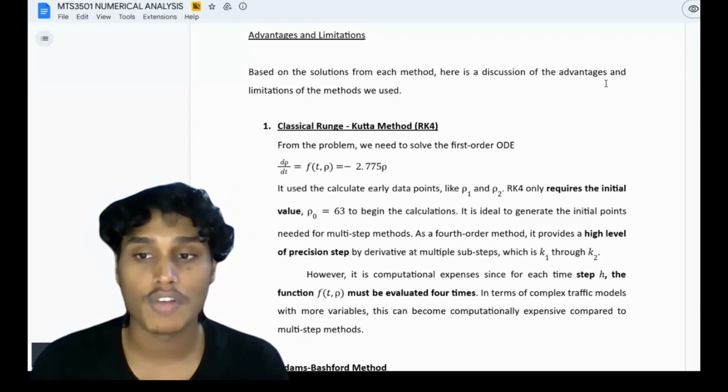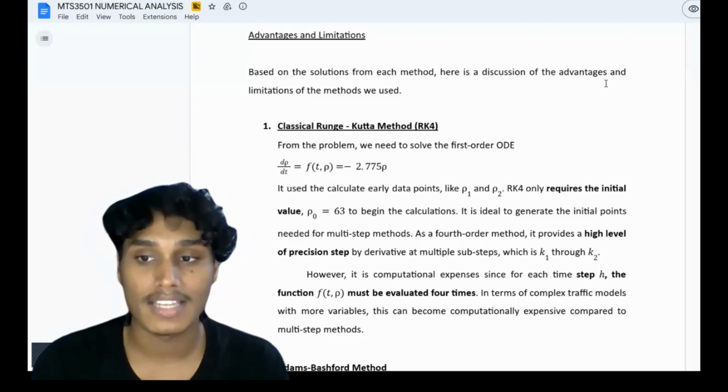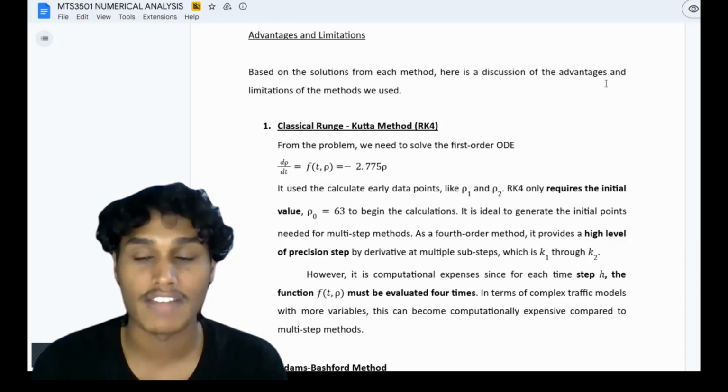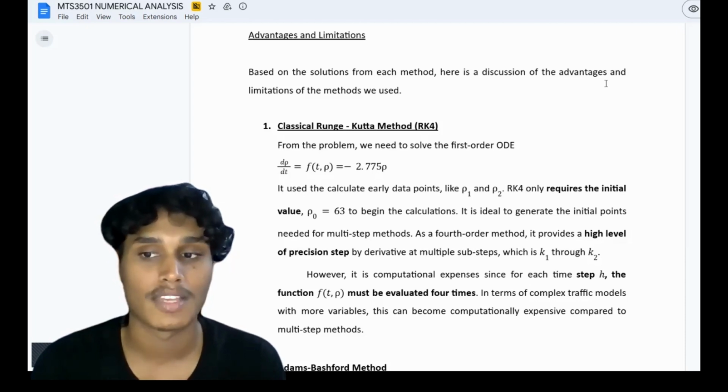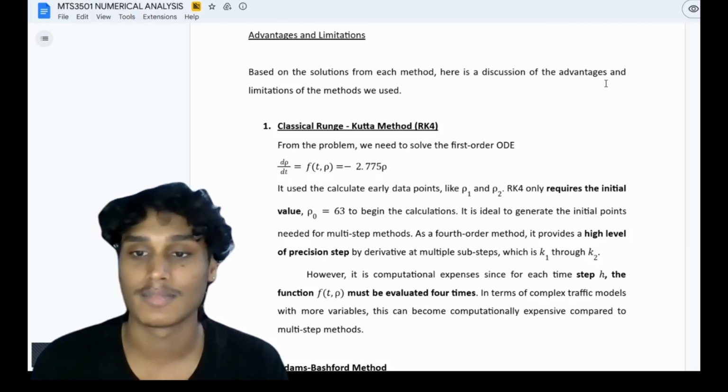One main advantage of RK4 is its high accuracy. It is a fourth order method, so it gives very precise results by evaluating the function at 4 points in each step. Because of this, RK4 is reliable and commonly used in numerical analysis.